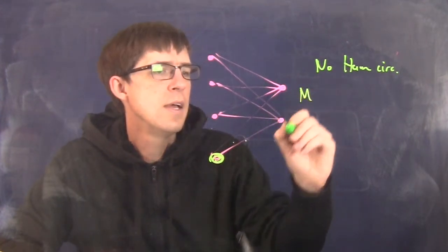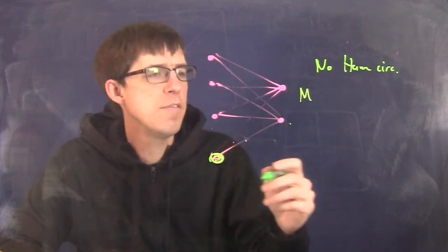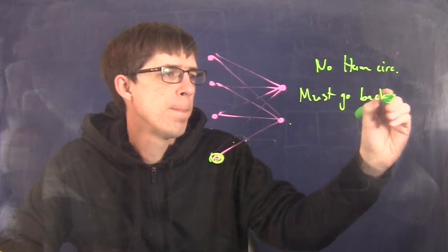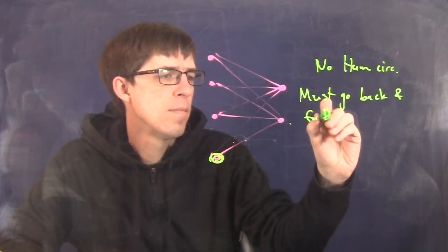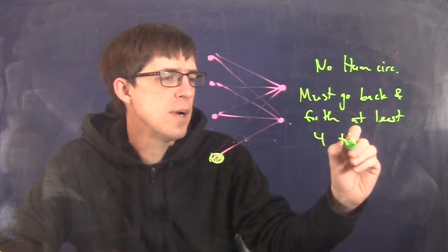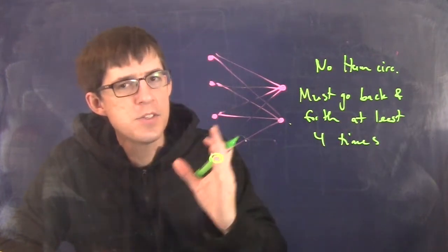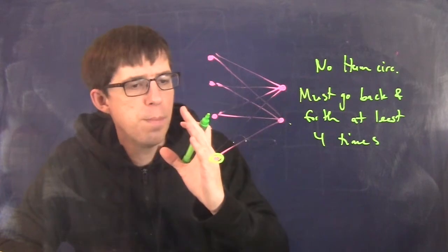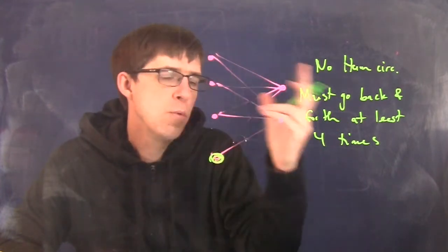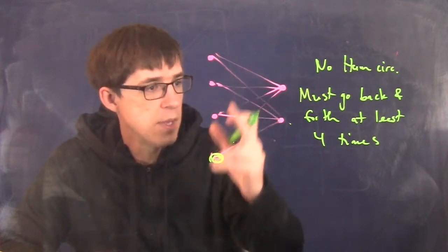So can I just say, in order to hit every vertex, you must go back and forth at least 4 times, right? Because there's 4 on this side, so you're going to have to go back and forth once, and then again, and then again. And then one last time to make the full circuit, to get all the way back.